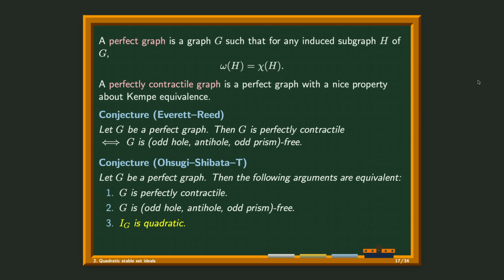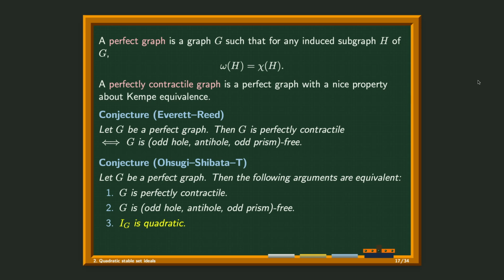Today I won't give the detailed definition, because the definition of this graph is a little complicated. But the following characterization conjecture is known for perfectly contractile graphs.